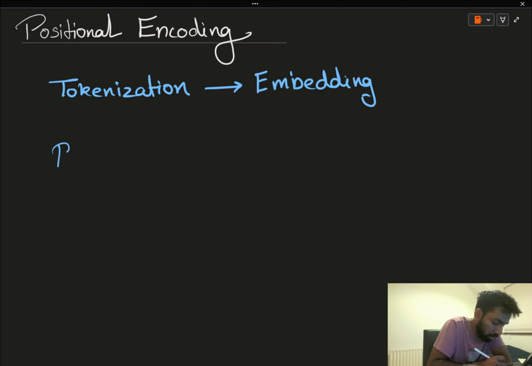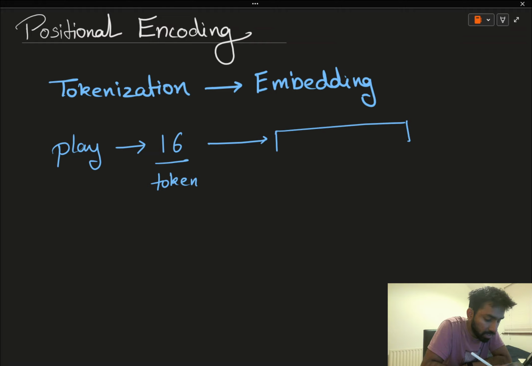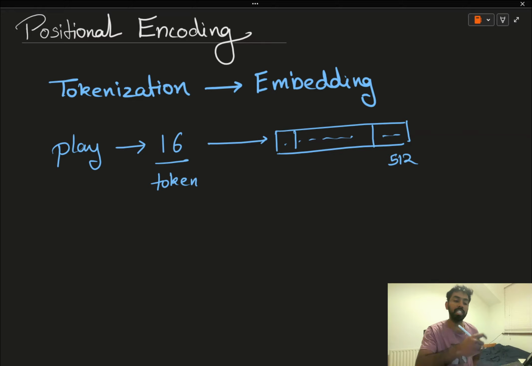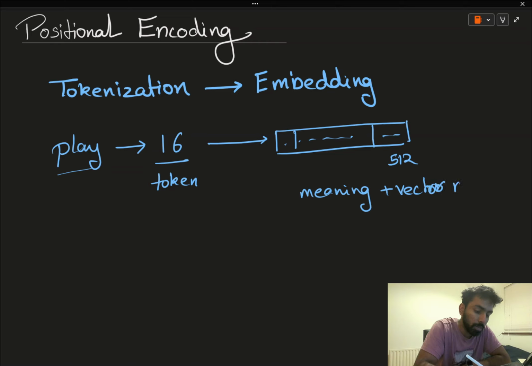For example, a word play gets converted into a number which is 16, so this is our token provided by the tokenization method, and then embedding gives us a 512 dimension vector, which is a numerical or vectorial representation of the same word play with the meaning. So now we have a meaning plus vector representation which could be read by computers.